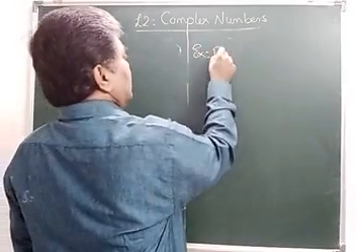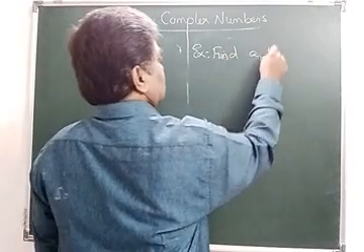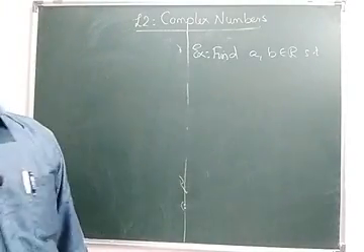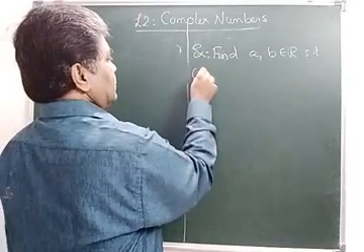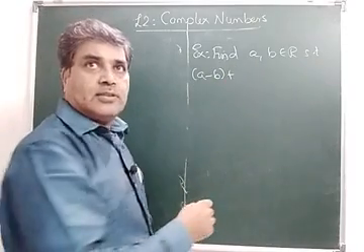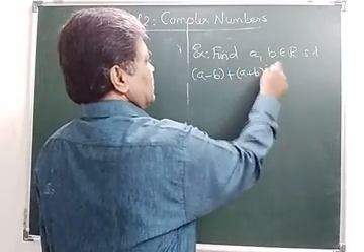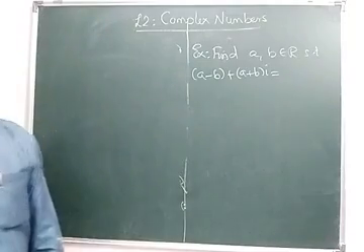Find a, b belonging to R such that (a minus b) plus (a plus b)i is equal to, say, a plus 5i.